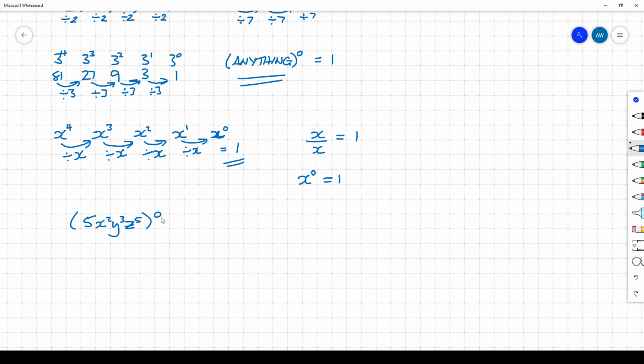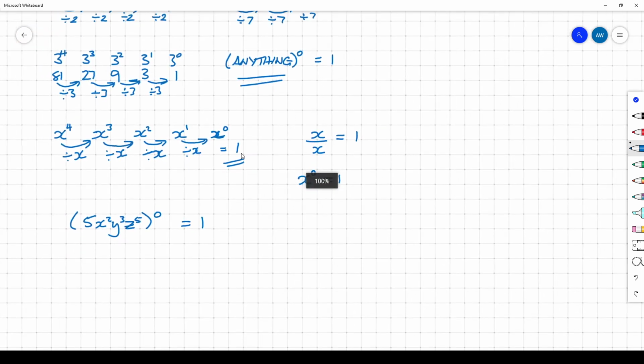So all of that in there to the power 0 equals 1. We don't need to look at the pattern because we've seen it. So x here can be anything, and when we get to that anything to the power 0, it's going to equal 1.